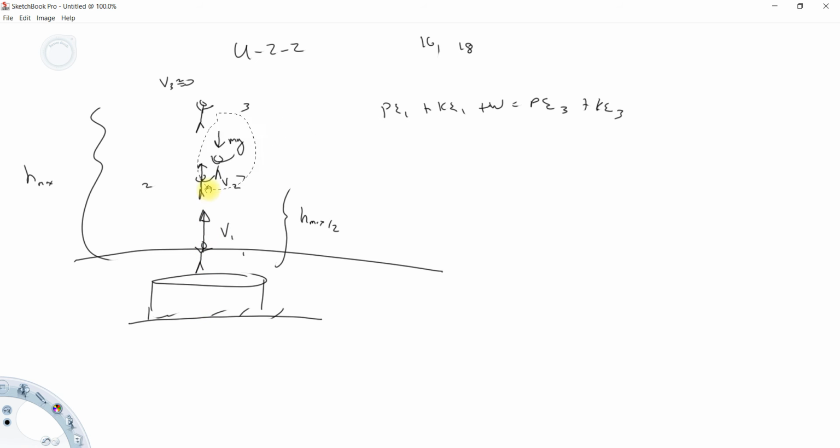The work done by gravity, going from 1 to 3, would be minus mgh. Minus because the force is down, but the motion is up. Putting a minus mgh here is the same as putting a positive mgh on the right hand side. So generally speaking, we save work terms for non-conservative forces and use potential energies for the gravitational force.